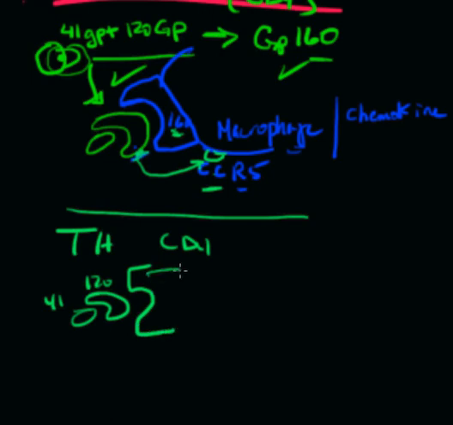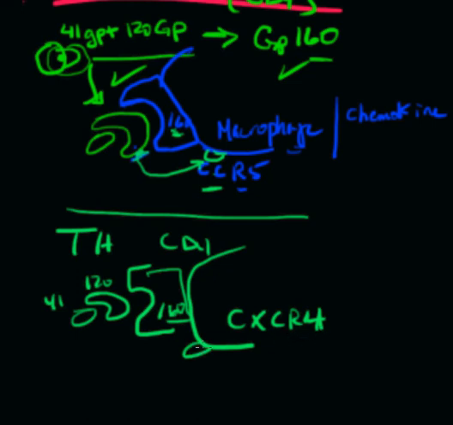But T helper cells have what we call the CXCR4 receptor, a core receptor 4. So they're going to attach to the core receptor 4.